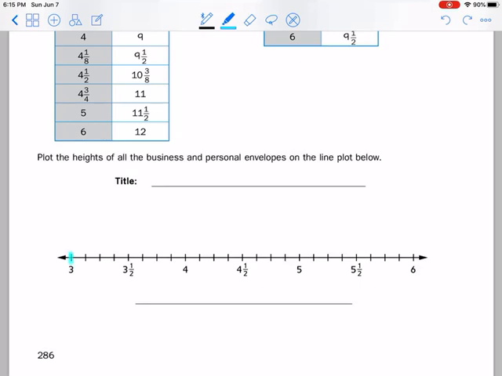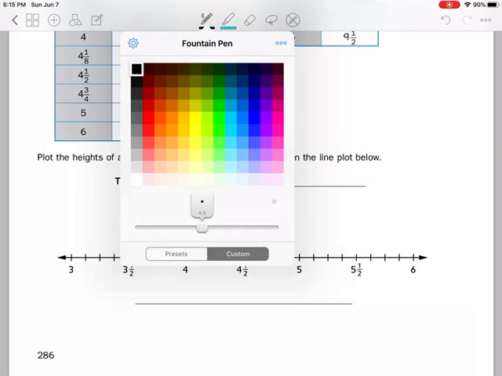Now, when you move from one tick mark to the next, it has to be the same the whole way on your number line. The increments have to be the same. So they left the increments for us, so we're going to leave them where they are. And remember, they told us it's 1/8 of an inch.